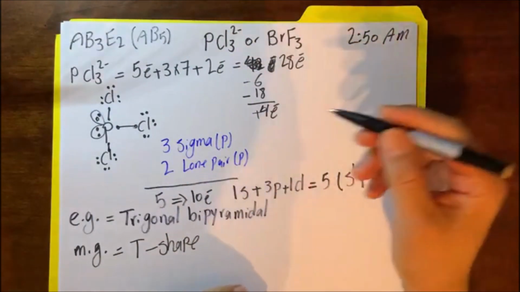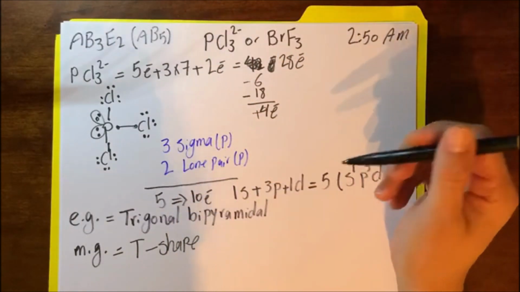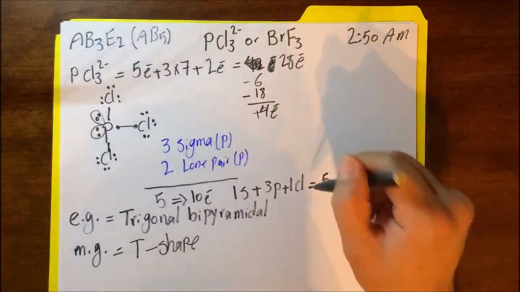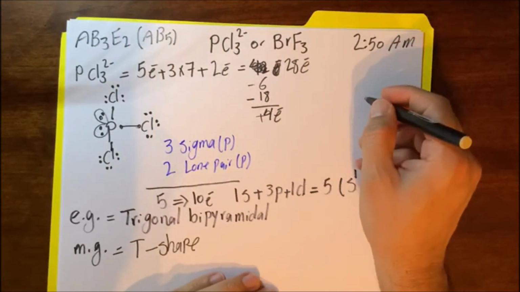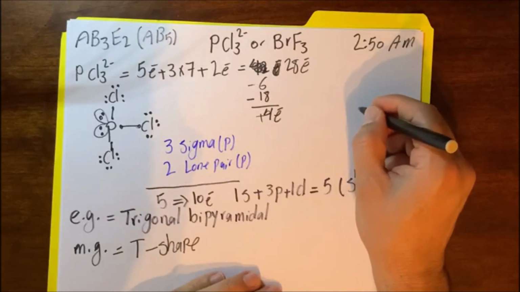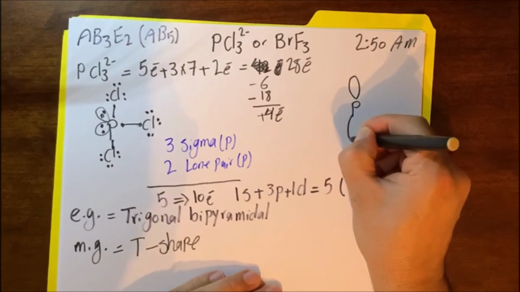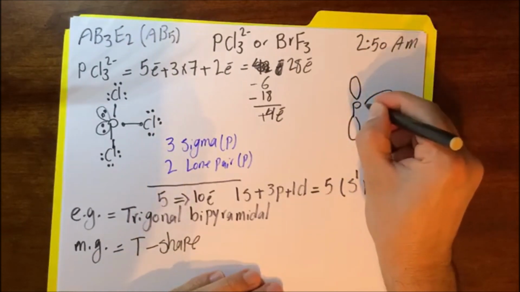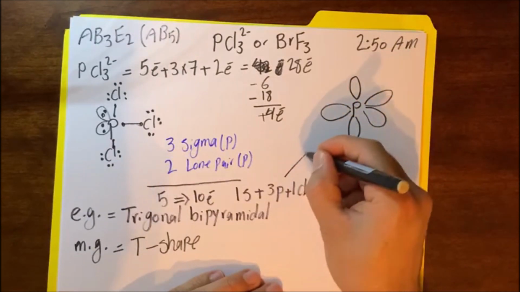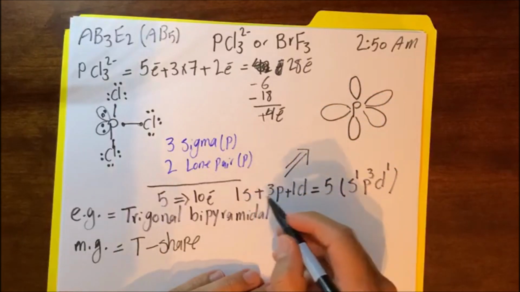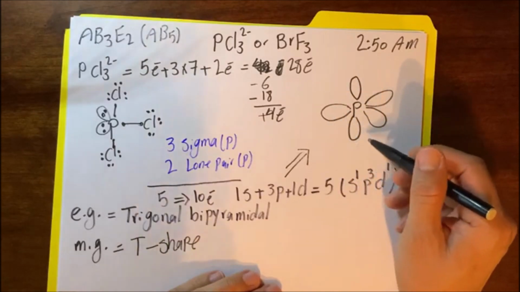We have something else about this one. I need to show the hybrid orbitals. I said we are using 1 from S, 3 from P, and 1 from D. So we get 5 orbitals. The central atom, phosphorus, with 5 orbitals: 1 from S, 3 from P, and 1 from D. 1, 2, 3, 4, 5 orbitals.